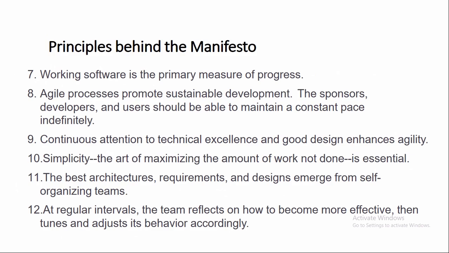Then the 7th principle in Agile: working software is the primary measure of progress. The 8th one is, we promote sustainable development so teams can maintain a constant pace indefinitely. Then the 9th one is, we don't sacrifice quality. Technical excellence and good design actually enhance agility. Then the 10th one is, we also value simplicity, the art of maximizing the work not done is essential.